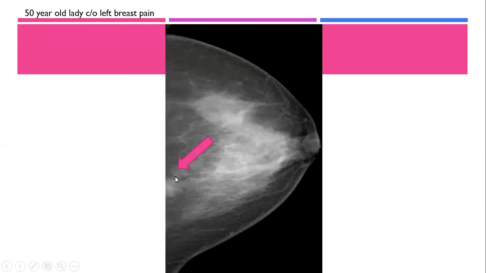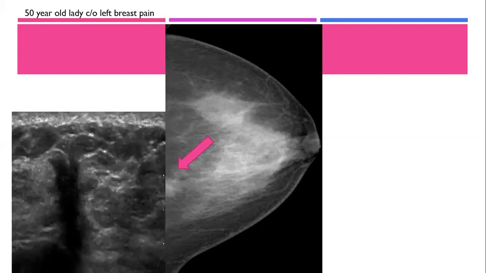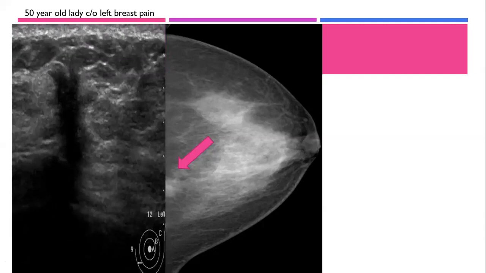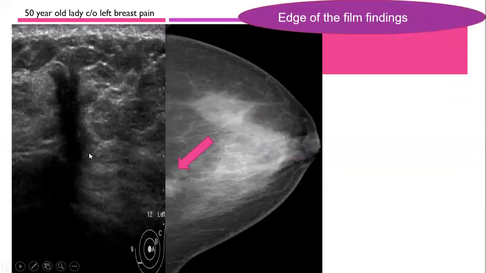It is good enough that most of the lesion could be appreciated in this image, but sometimes you might see only a very small part of the lesion, and this is one of the common mammographic faults that lead to missing breast cancer. For this lesion we performed an ultrasound, which demonstrated a typical shadowing invasive cancer.